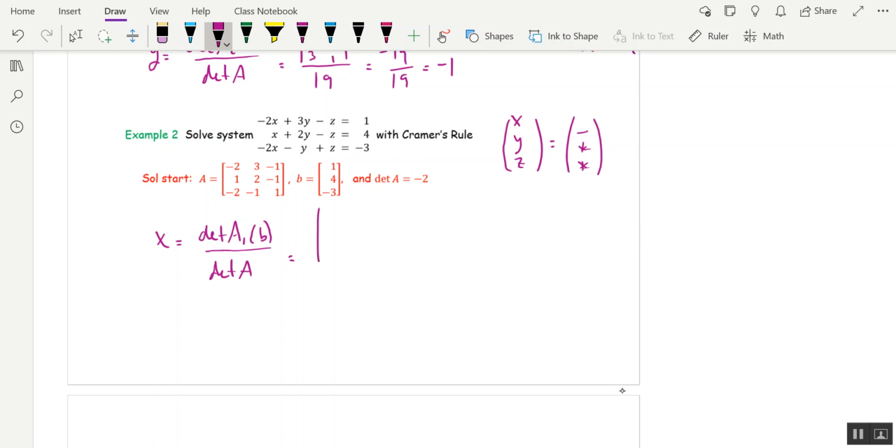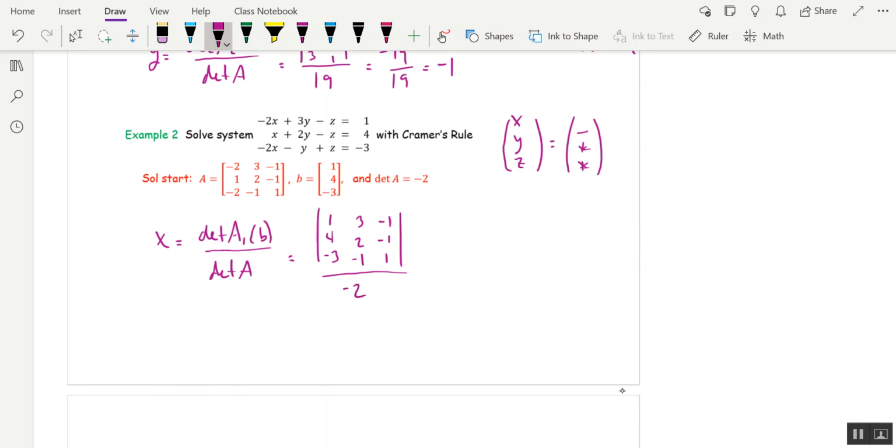So I'm going to take the matrix A and replace the first column with B. 1, 4, negative 3. And then the rest of A is 3, 2, negative 1, negative 1, negative 1, 1. Dividing by negative 2.